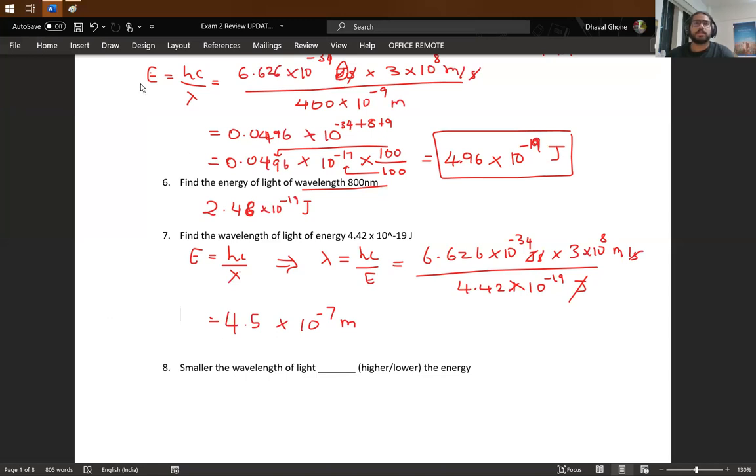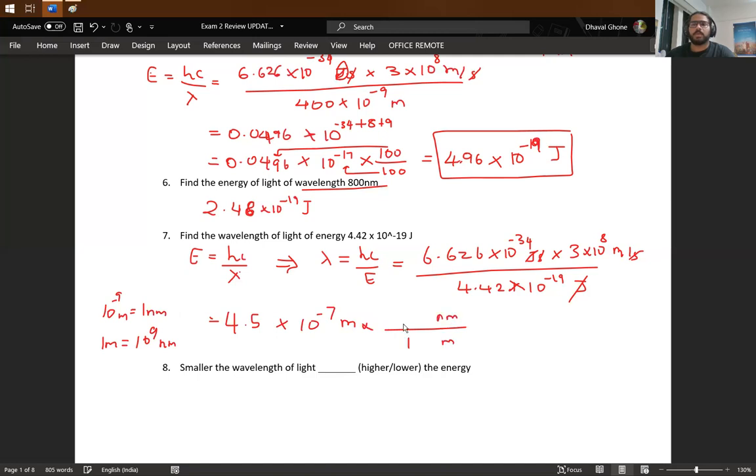remember the conversion factor for this was, I'm going to write it over here. 1 meter is 10 to the power 9 nanometers, or the converse would be 1 nanometer is 10 to the power negative 9 meters. I don't want meters, I want nanometers.